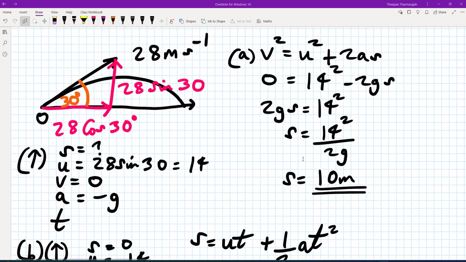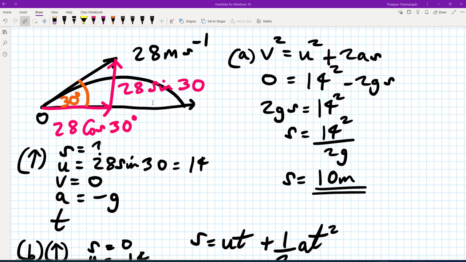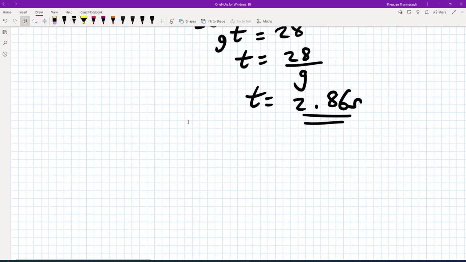And then part C says, work out the distance OA. Well, this is the point A. So when you want to work out your distance horizontally, we can say the following. Horizontally, s is equal to ut.